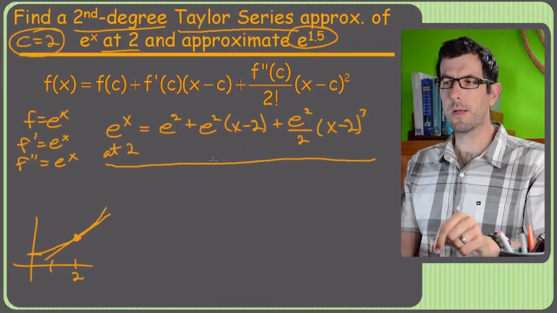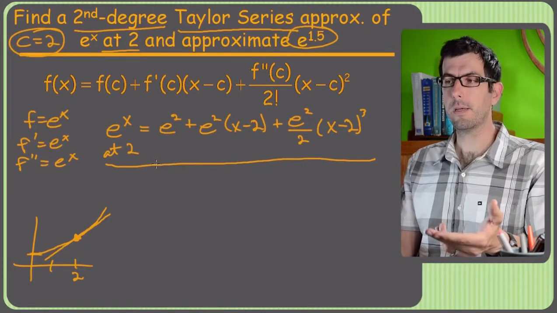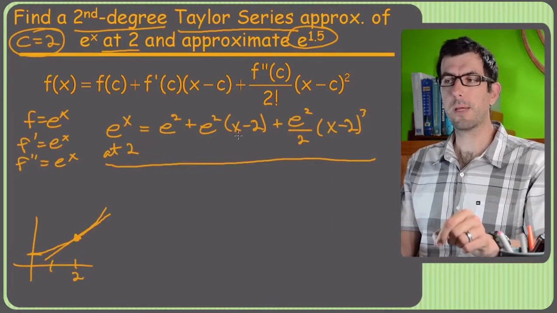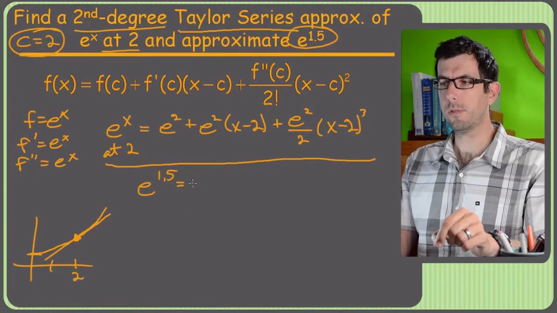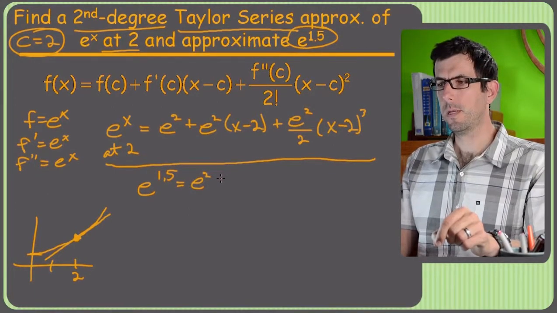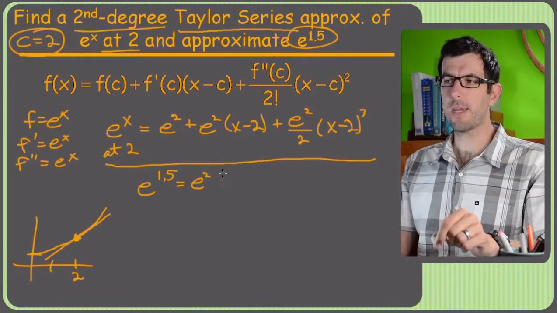So when we want to find e to the 1.5, we're going to be plugging in 1.5 for x. So e to the 1.5 is going to equal e squared, and we can actually factor out that e squared if we want.